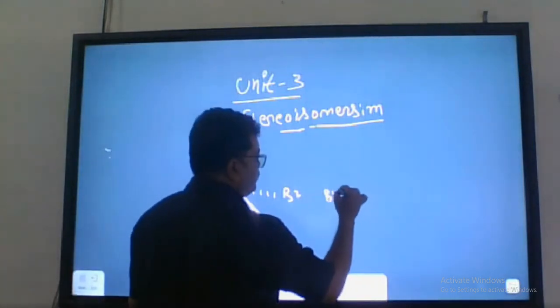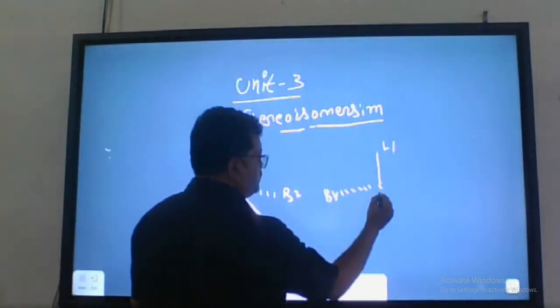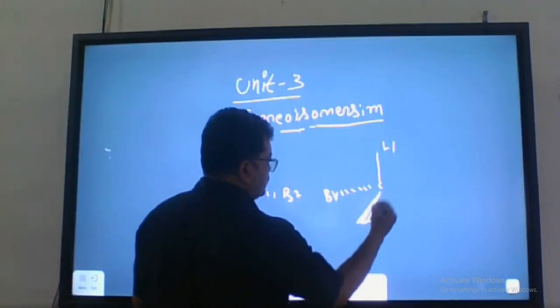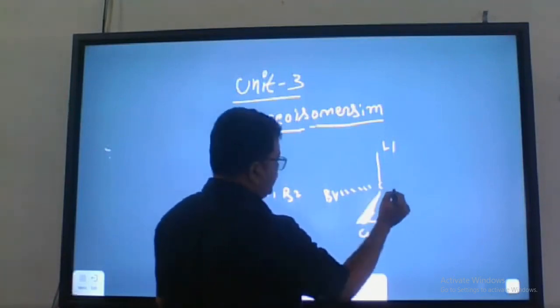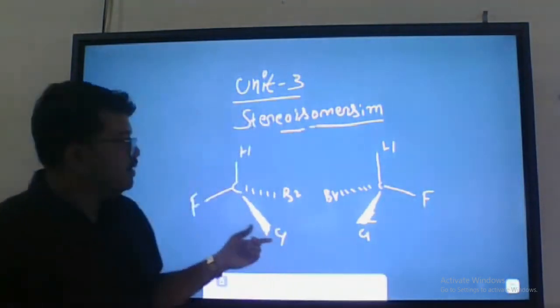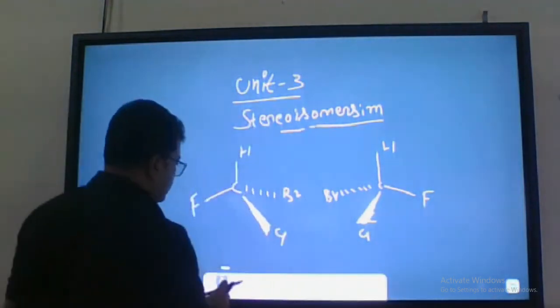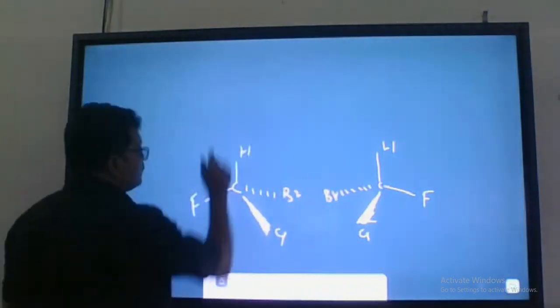Here bromine, this H, this is above the plane, this dotted line is below the plane, and this is fluorine. So the definition for enantiomers.